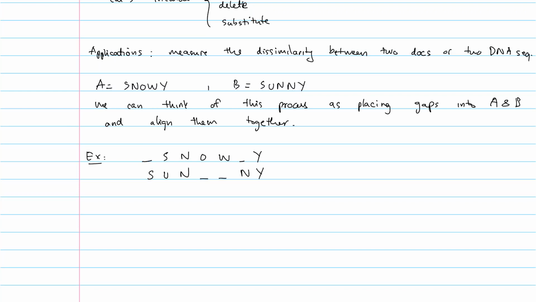you can think of this as a transformation as follows. The first column corresponds to an insertion. Basically, this means that we insert S at the beginning of A. Okay, so if we have a letter at the bottom and a gap on top, that corresponds to an insertion.